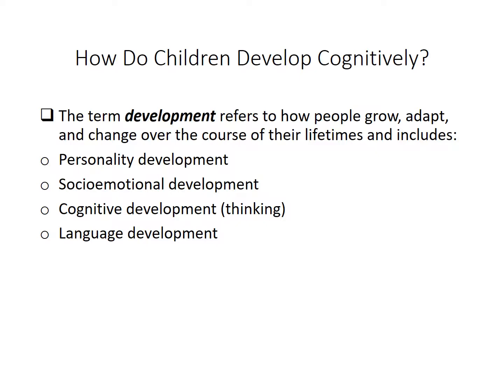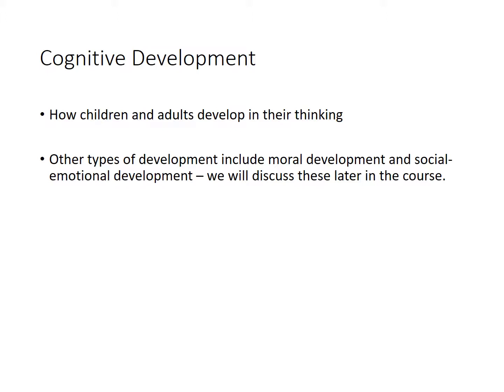It includes cognitive development, and that's how we develop in our thinking, and also language development. As we said, cognitive development is how children and adults develop in their thinking. We could also talk about moral development and emotional development, and we will discuss these later in the course.